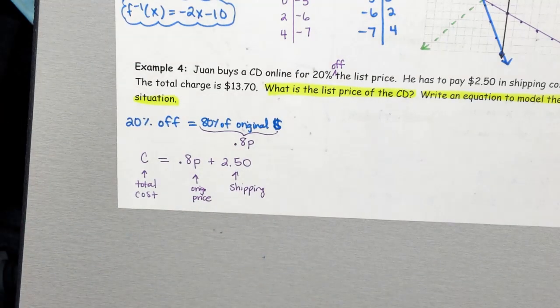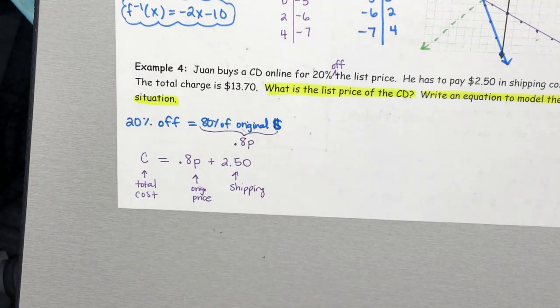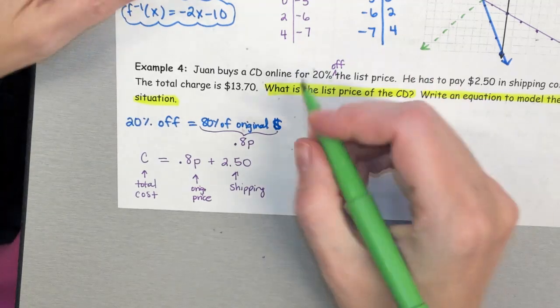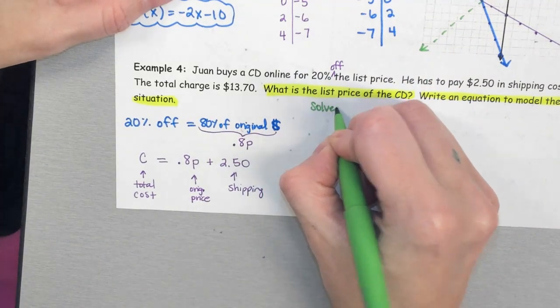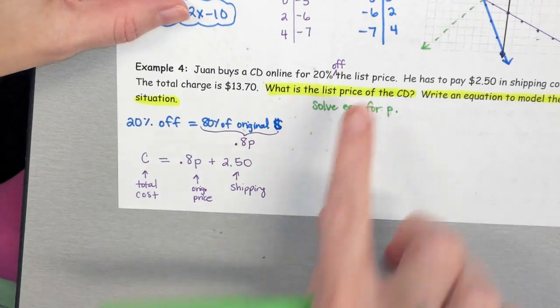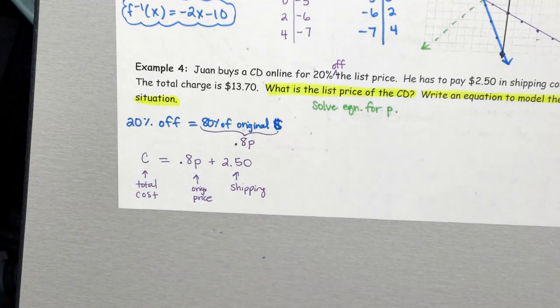All right, so when you are doing this on your own, you're going to be given an equation like this. And then the equation that models the situation is going to be your inverse equation. So what we're going to do is solve the equation for P because we're trying to find that list price.